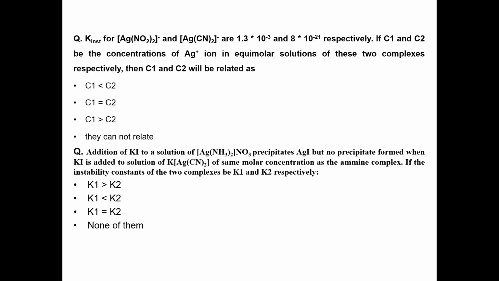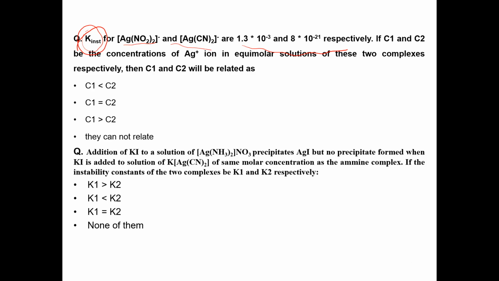Okay, so these two questions are related to the stability of complexes, or you can say the stability constant, which is a measure of their stability. Instability is just the reverse of the stability constant. Here you can see there are two complexes, and for them the values of the instability constant are given.